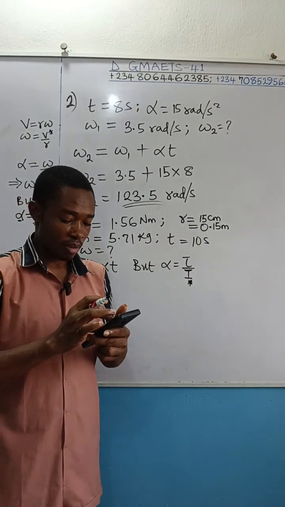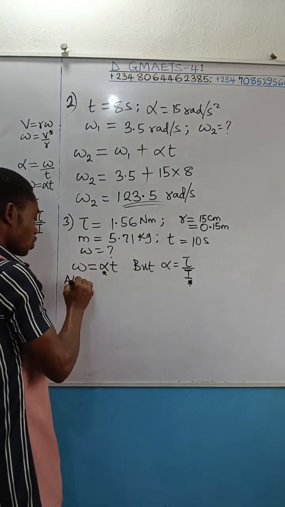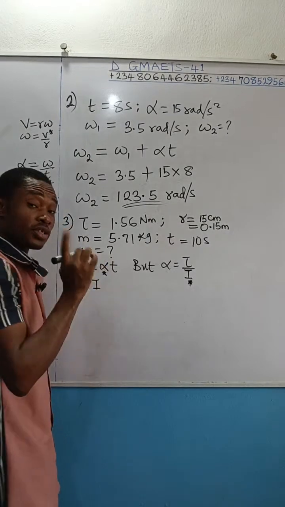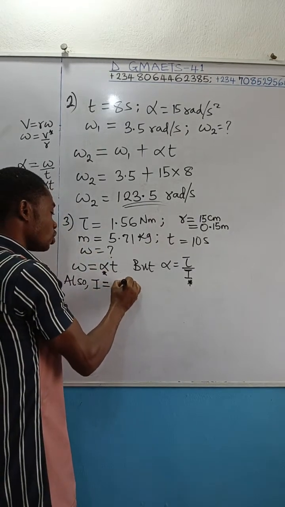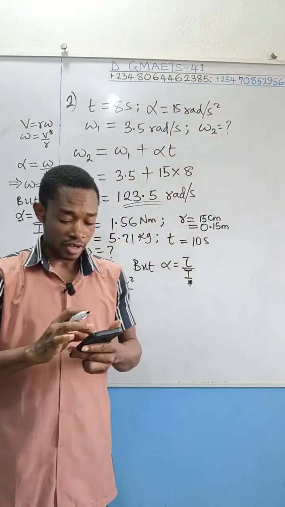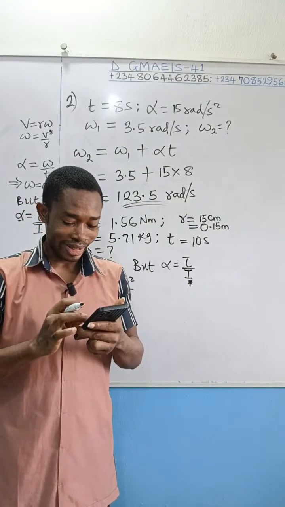So I'm going to give you the moment of inertia of the solid disk. For a solid disk, the moment of inertia is equal to mr squared divided by 2. That is the moment of inertia of a solid disk when the disk is rotating about its axis.